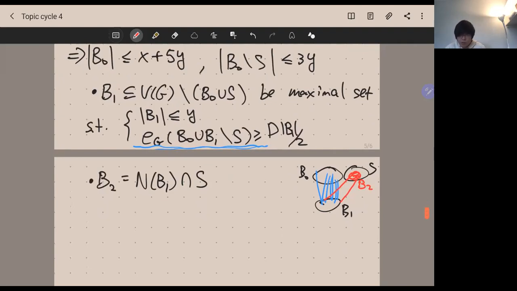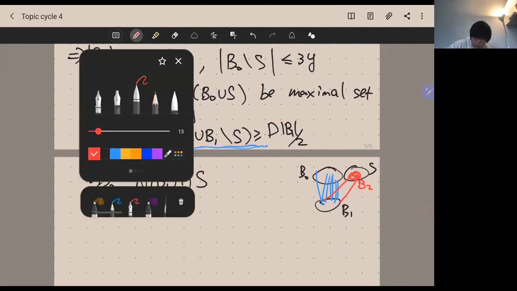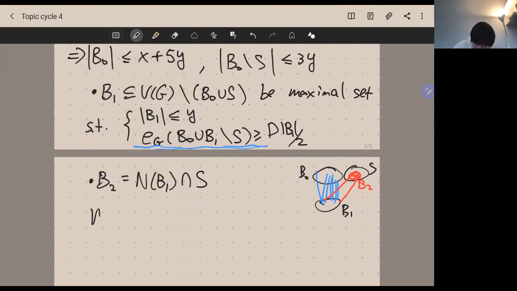What's the purpose of B2? Let me first tell you that these 3 sets will be enough. All that remains is to prove that after removing these 3 sets, the remaining graph expands by a factor of 2 for all sets up to size n over 5.